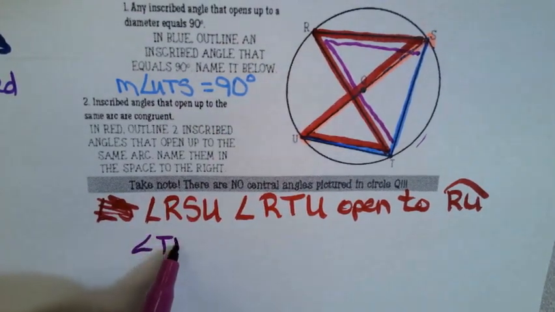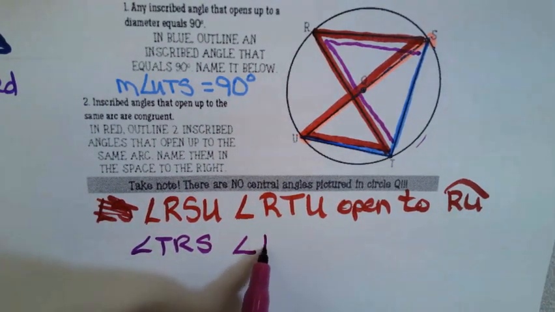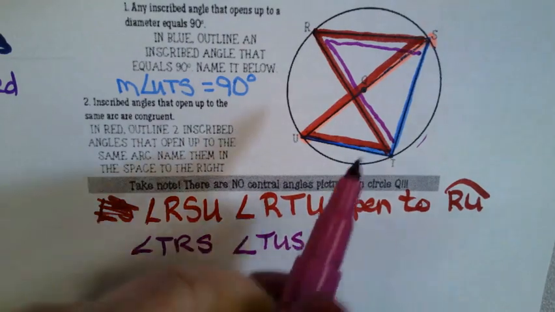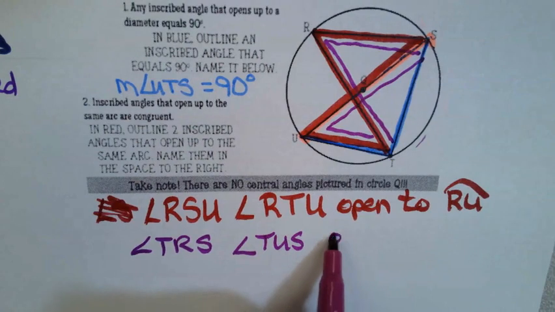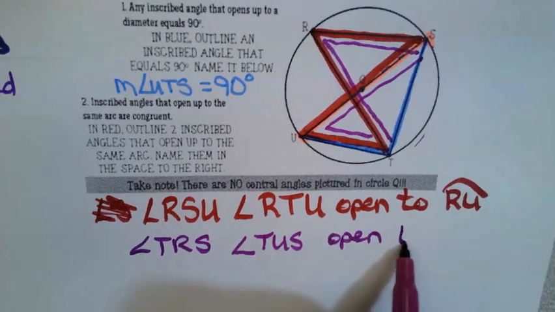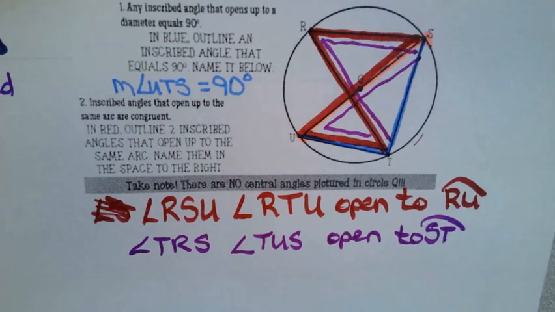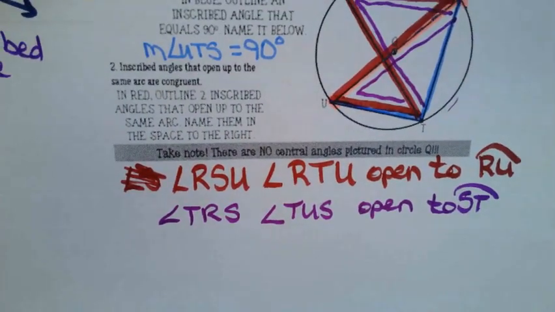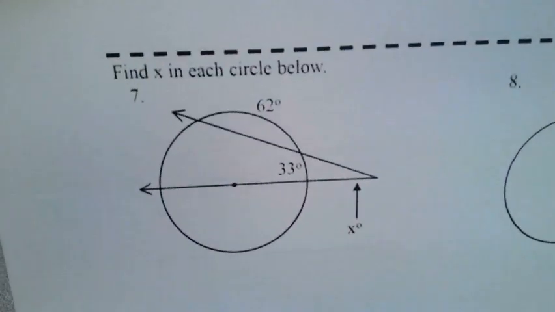Angle TRS and angle TUS both open to arc ST. So there's a couple different ways we could get that one in there. Okay. All right. So let's do some examples.